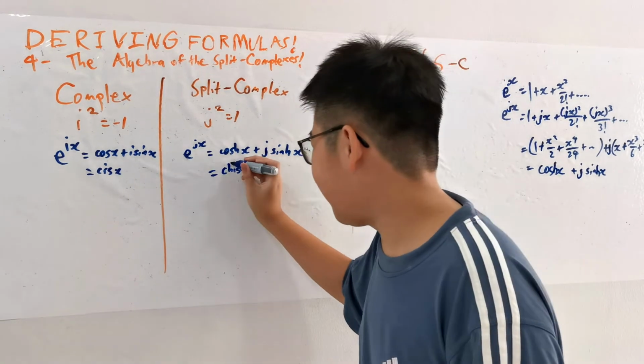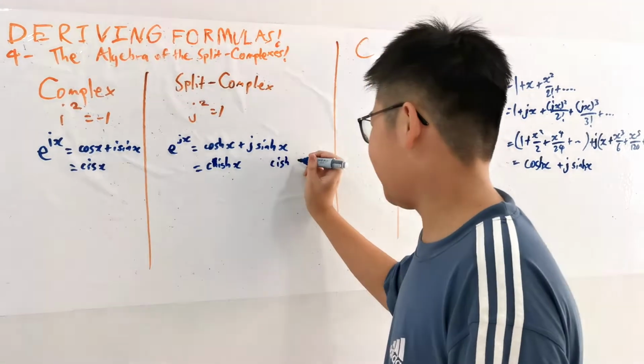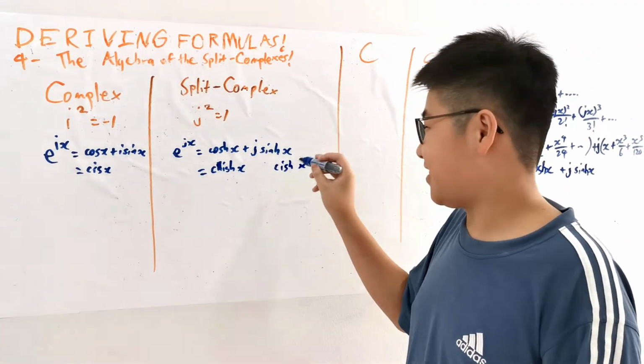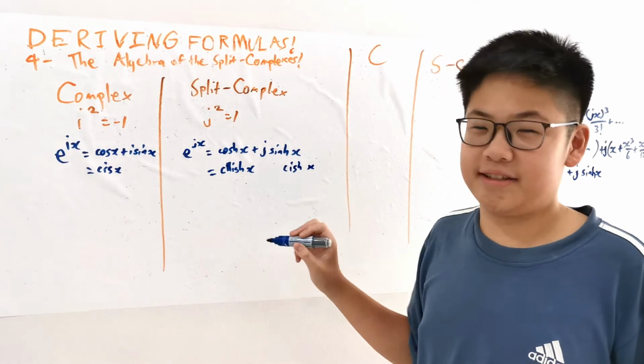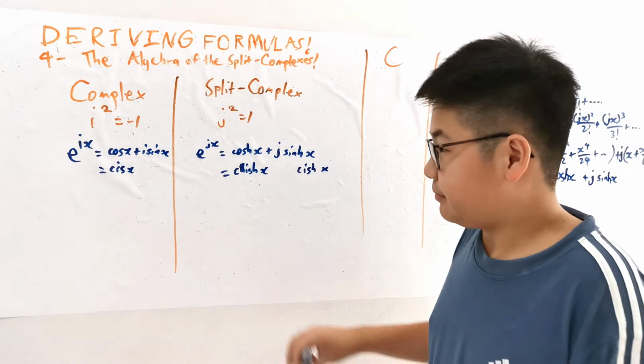Isn't it a fun name? Anyway, let's just take away this term. Let's just put it chish. Isn't it fun? It only works in the split complex number system. This function only works in split complexes. It won't work in the complex number system because it's simple.